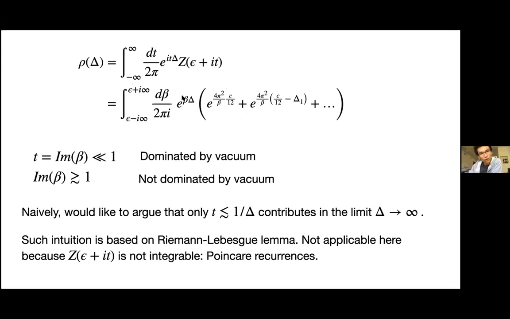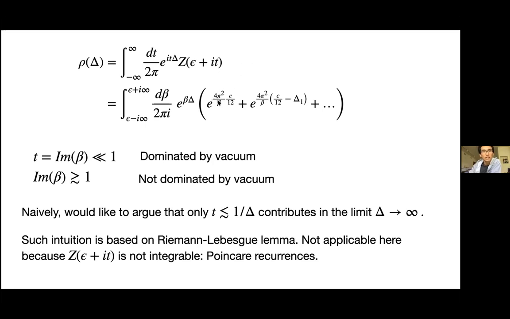Then you might want to argue that only small beta contribute here, and for such beta you can first integrate over t, right? In the second equation, there is no z, sorry, that's the same equation. The z is expanded here in the dual channel like that. This z is just this sum in the brackets in the dual channel.